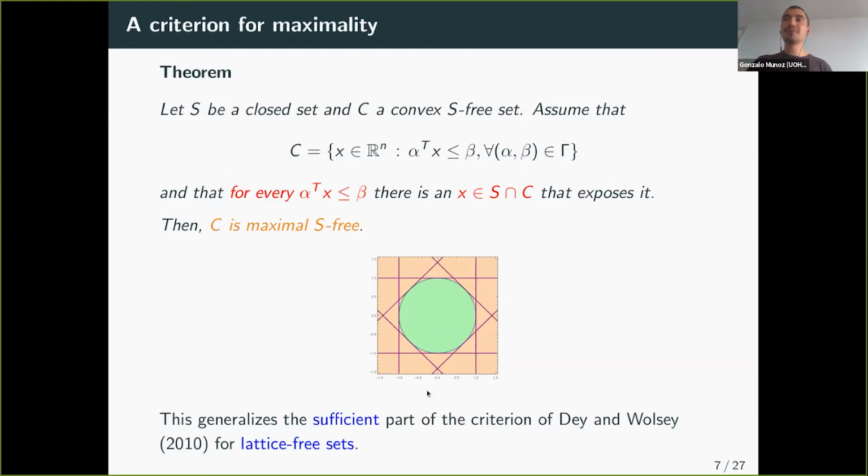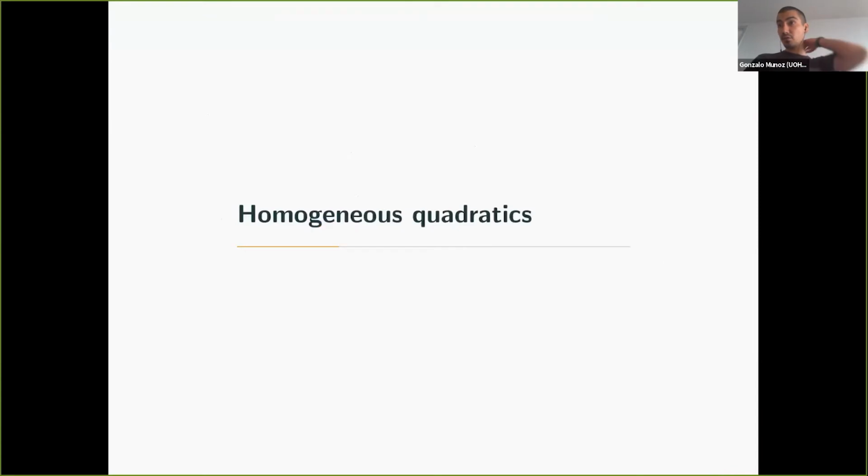We still haven't been able to crack the necessary condition in this general case, but this is a generalization of the sufficient part of this lattice-free criteria. Okay, if you apply this to S, when S is a lattice, you get the criteria of Day and Woolsey. Okay, so now let's use this criteria to prove maximality for quadratic sets.